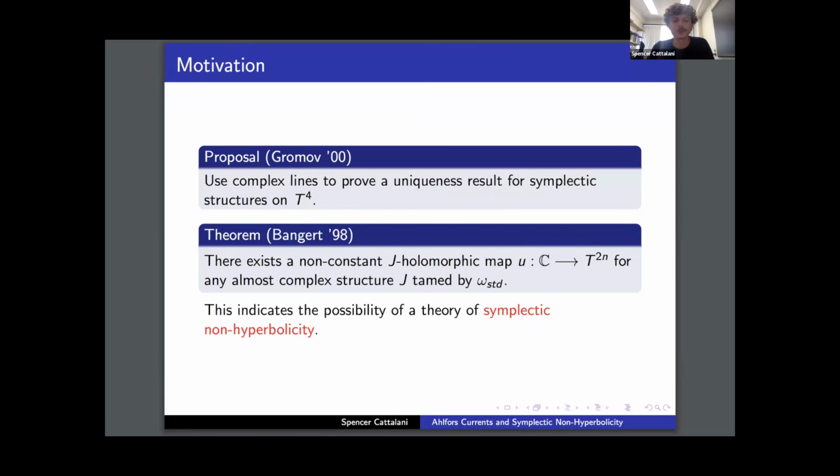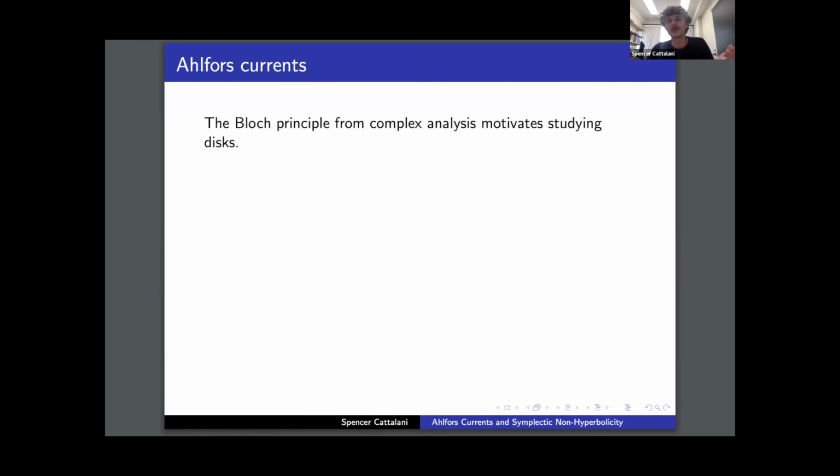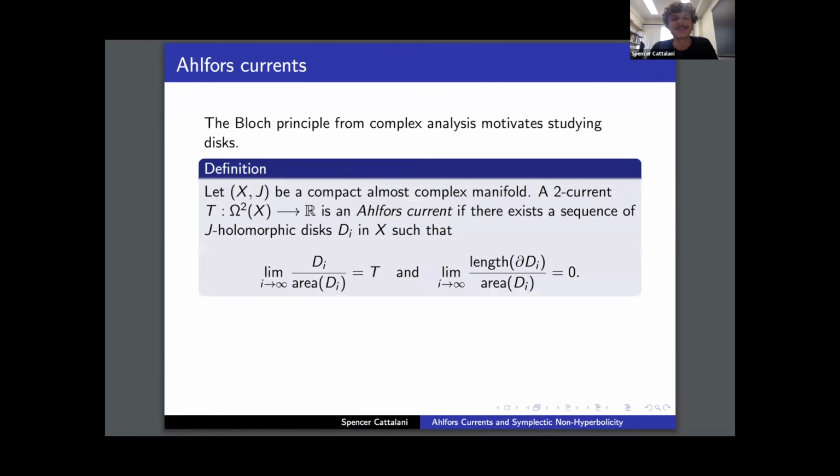It wouldn't do to carry around all these analytic estimates that you might have to use to deform C. In complex geometry, instead of working with C, you work with disks. They call it the Brody principle. In this case, instead of studying complex lines, you might study Ahlfors currents. These are currents which are the limits of sequences of disks whose boundaries become negligible.